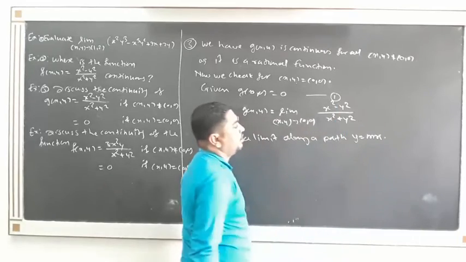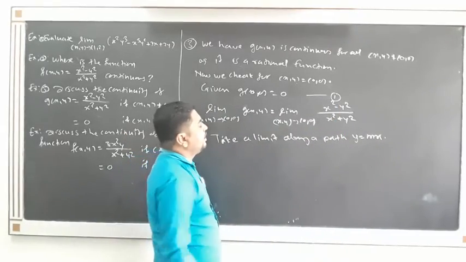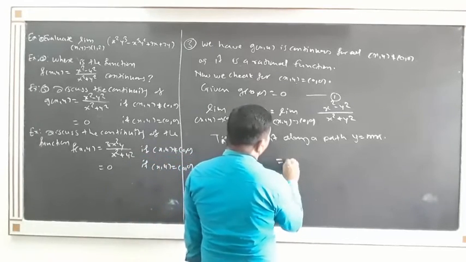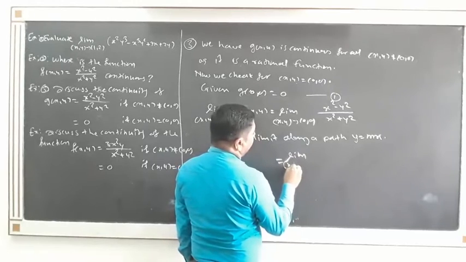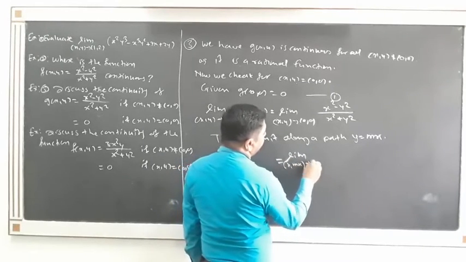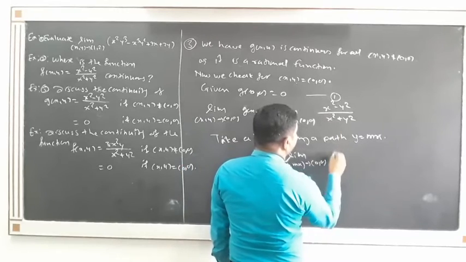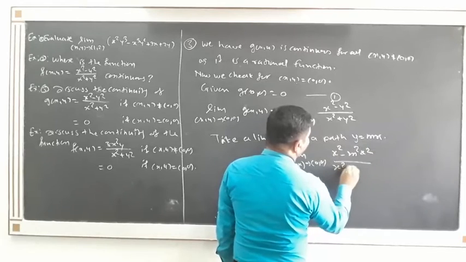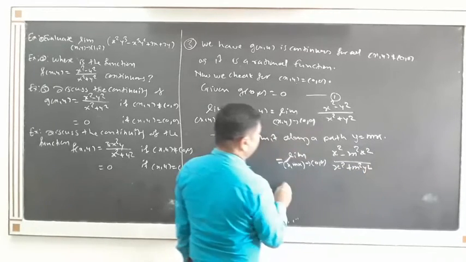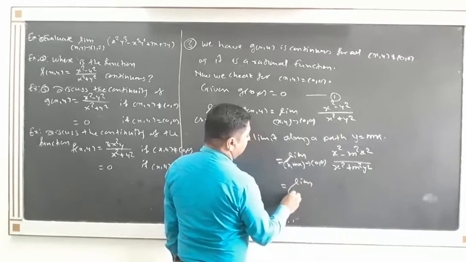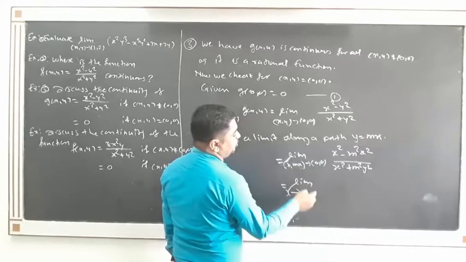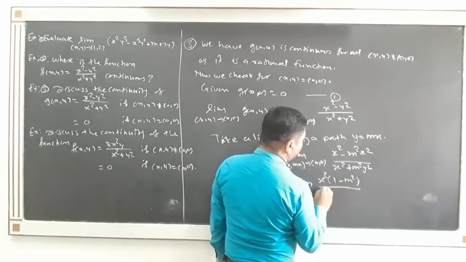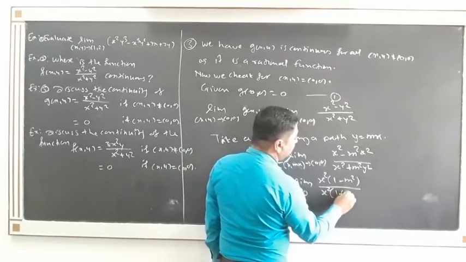It is homogeneous of degree 2, therefore we can find the limit along the path y is equal to mx. So we can write the limit as x, mx tends to 0, 0 of x square minus m square x square upon x square plus m square x square. As x tends to 0, x square is common, so 1 minus m square upon x square again common, 1 plus m square.